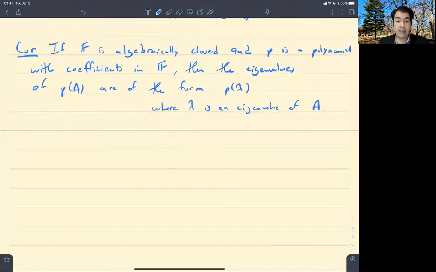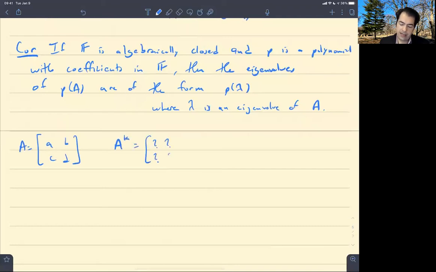Okay, now notice that this is pretty awesome, right? Because if you had a matrix, say even a 2x2 matrix, then the powers A to the K are going to be pretty complicated expressions in terms of the entries that you started with.